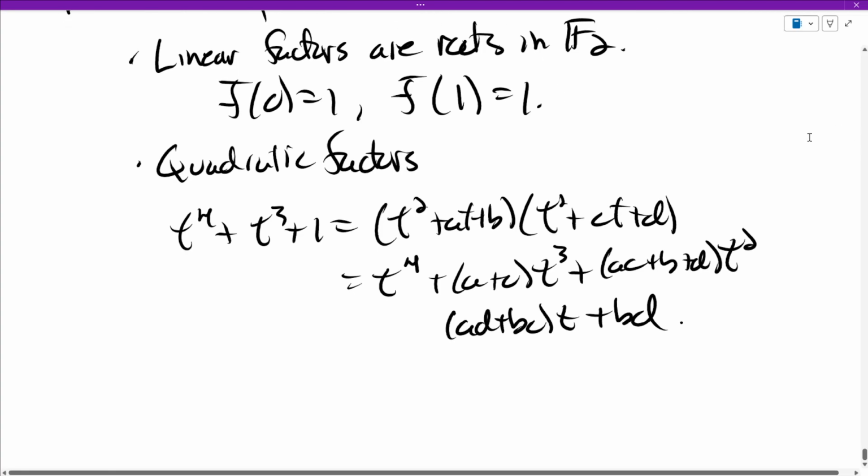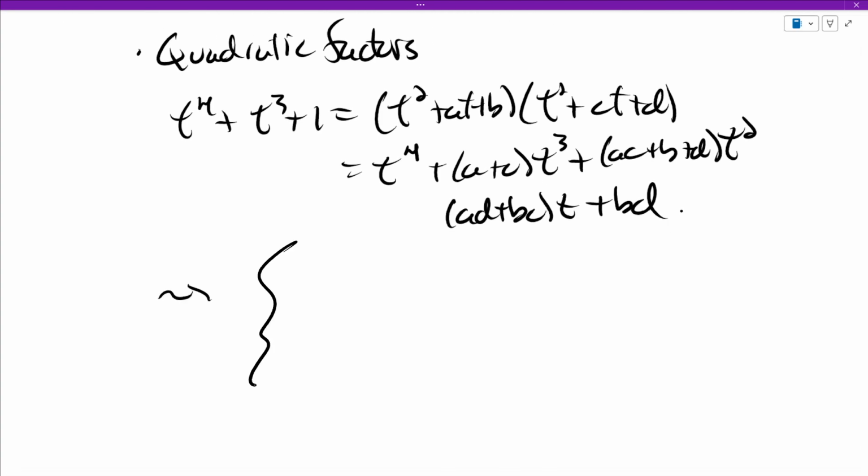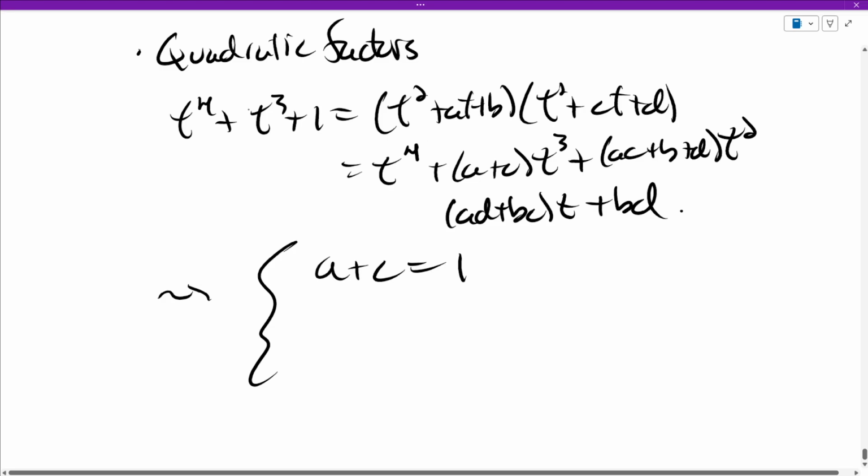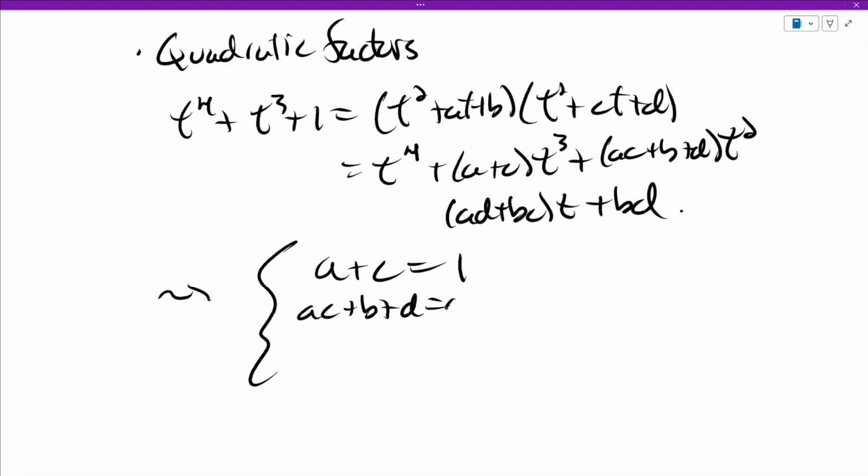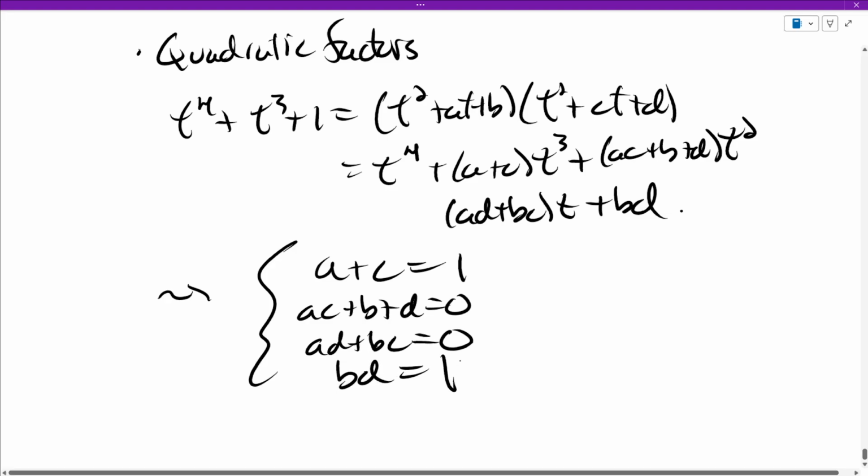And so then we get a system of equations. We get a plus c is 1 now instead of 0. We still get ac plus b plus d is 0. And we still get ad plus bc is 0. And then we get bd is 1. Well, we're in F2, right? So if b times d is 1, the only possible choice for numbers we have are 0 and 1.